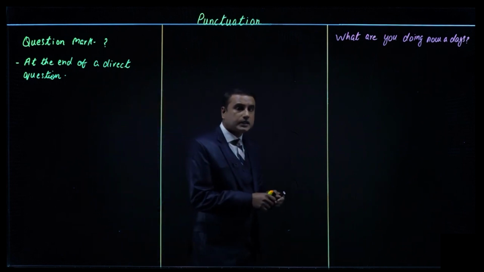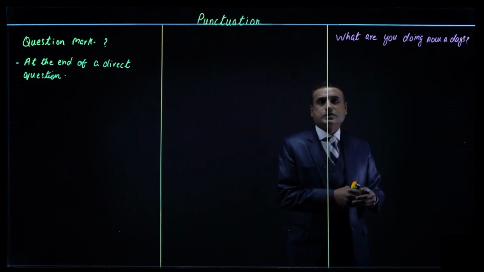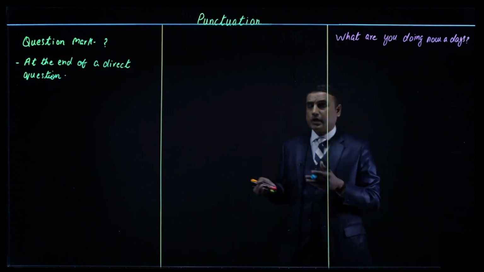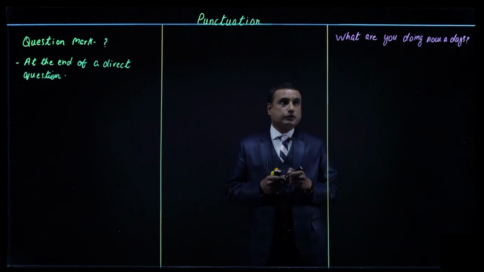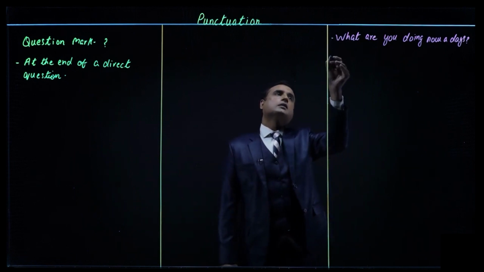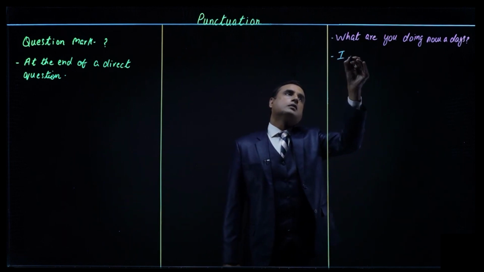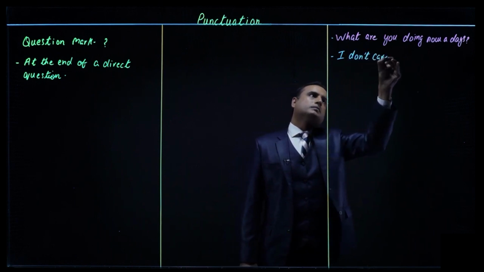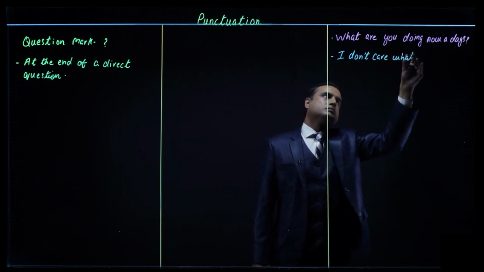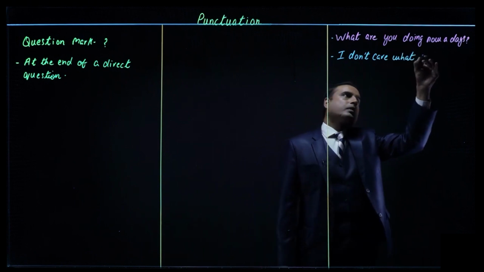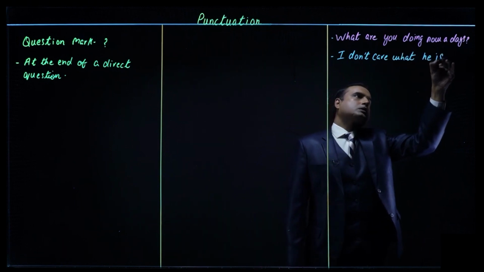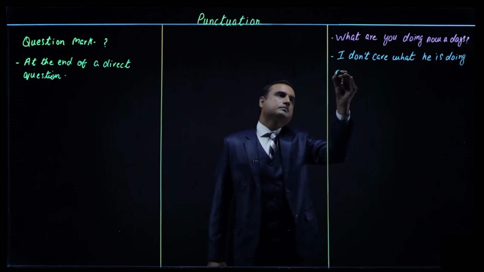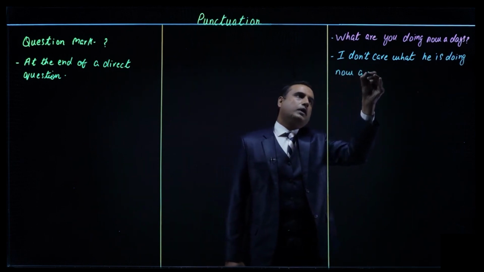Obviously we are aware that at the end of an indirect question we shall not use the question mark, rather we'll use obviously the full stop. Just like that, I don't care what he is doing nowadays.